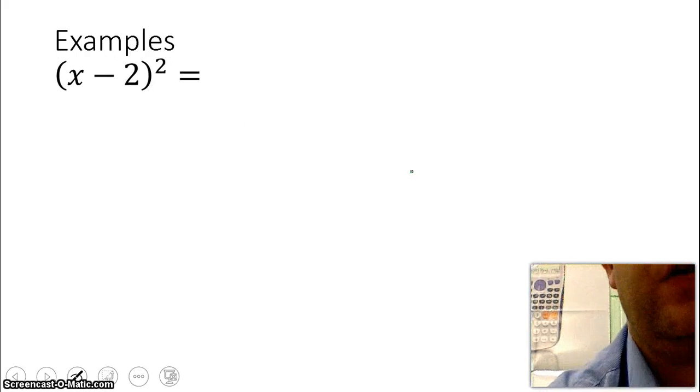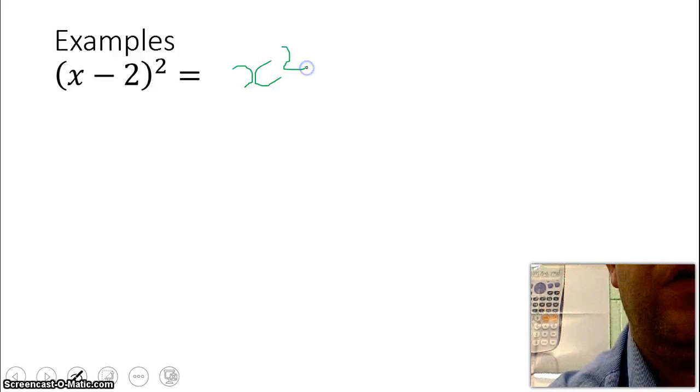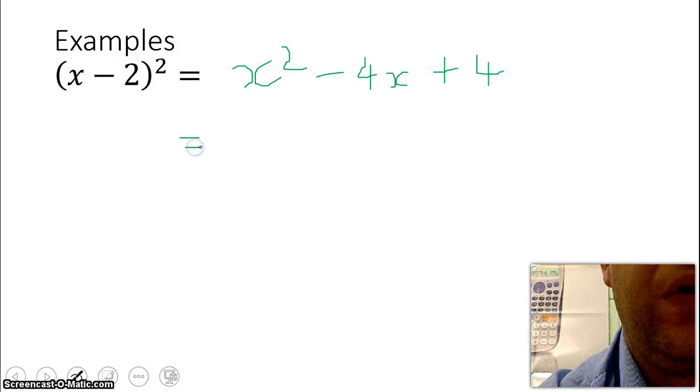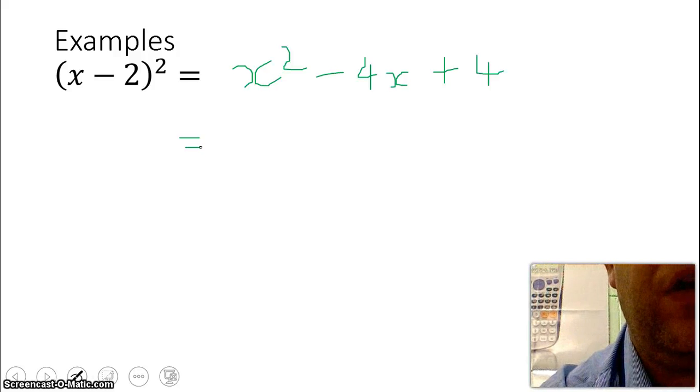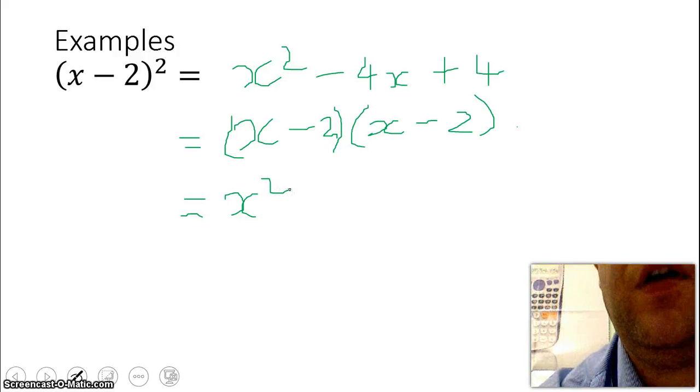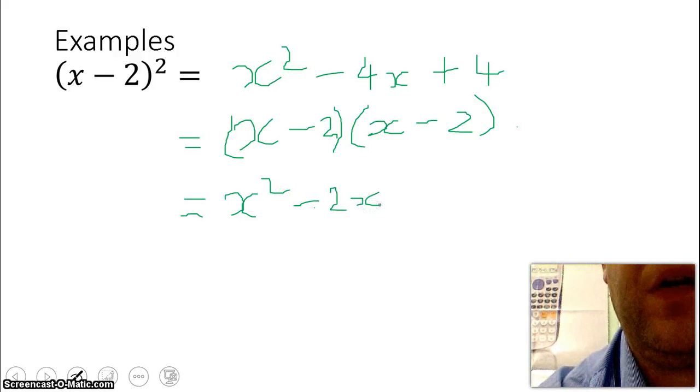So we've got x squared minus 4x plus 4, but we're going to do it by expanding first, so we have (x minus 2)(x minus 2). x times x gives us x squared, x times minus 2 gives us minus 2x, minus 2 times x gives us minus 2x, and minus 2 times minus 2 gives us 4.